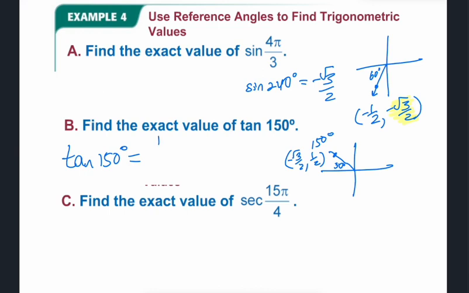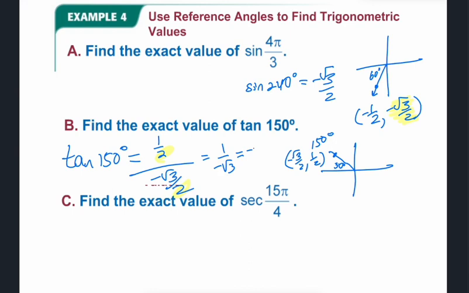So it is the y value over the x value. Now this is what's cool about that. These both cancel. So just cancel them out, and you get 1 over negative square root of 3. Now I'm okay with that. That's an okay answer. We usually do rationalize.